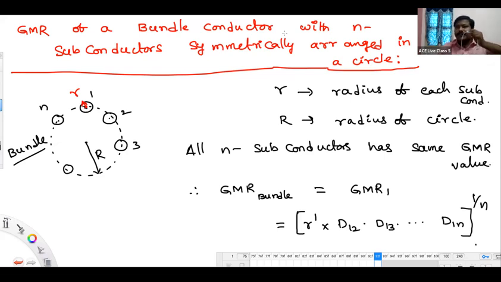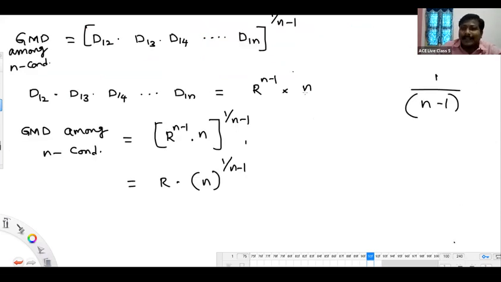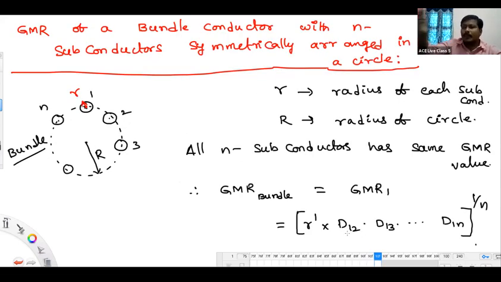In the previous topic, we took d12, d13 and so on up to d1n without doing the derivation, and I said it is capital R power n minus 1. That we will substitute here, and r dash times that, whole power 1 by n, will give the GMR of the bundle.